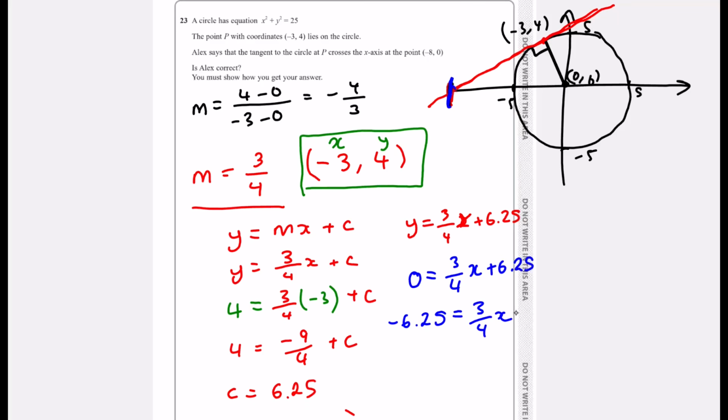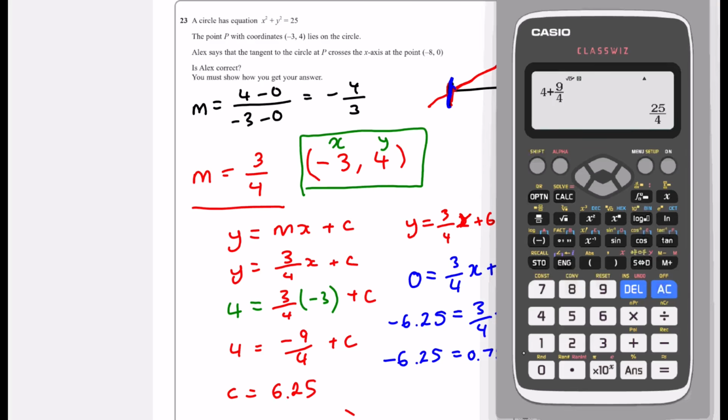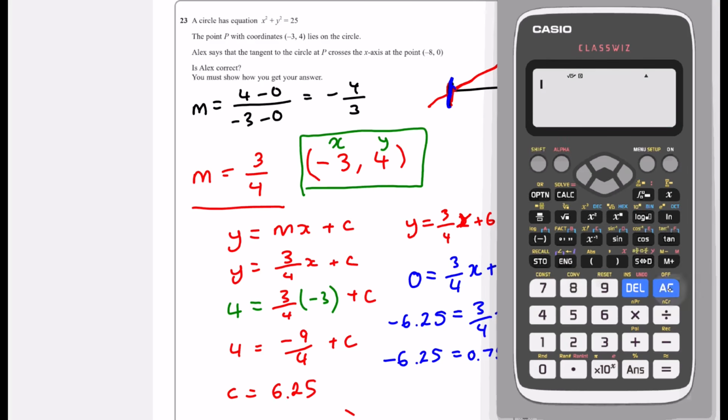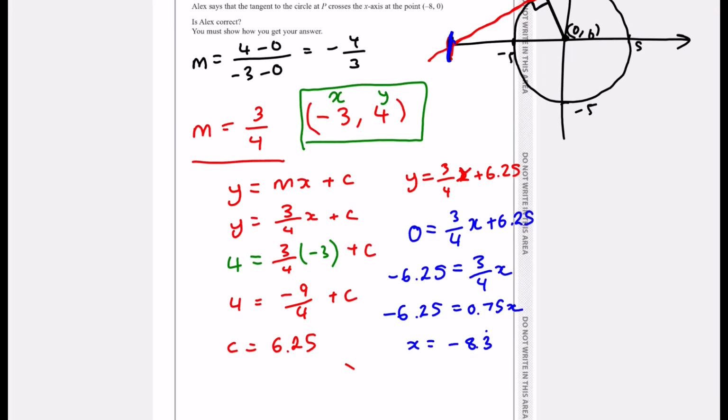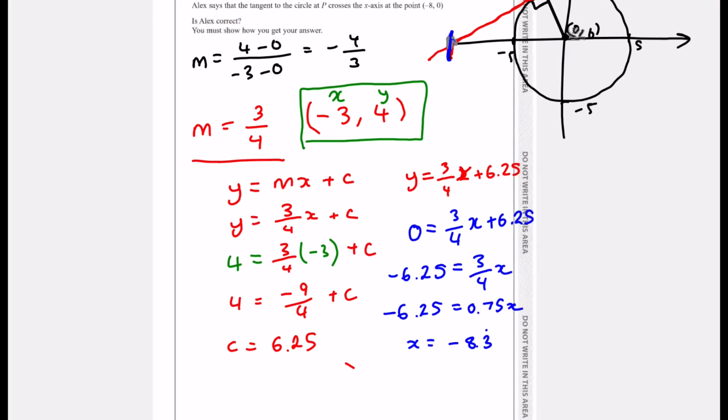And then I've got -6.25 equals 0.75x. Divide both sides by 0.75. And I get -8.3 recurring. So is Alex correct? He said it was negative 80. No, it is minus 8.3 recurring, 0.